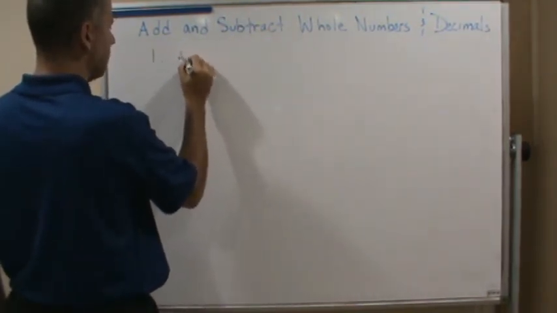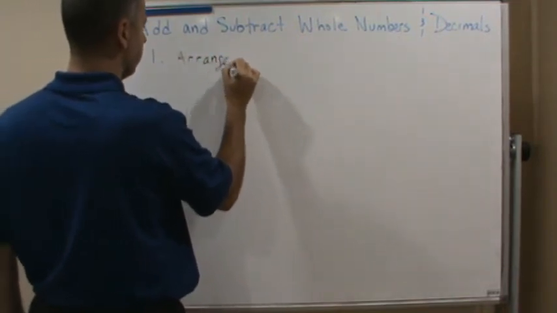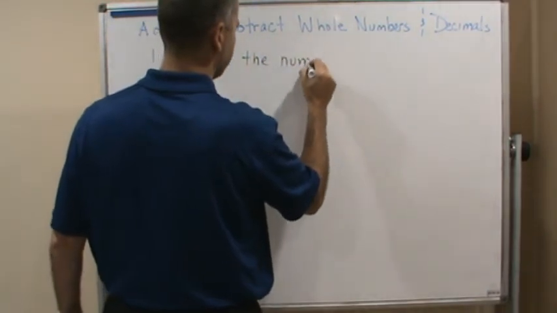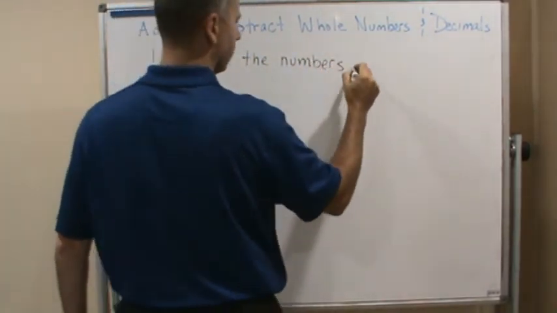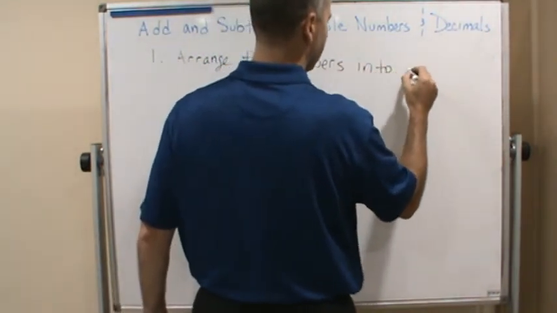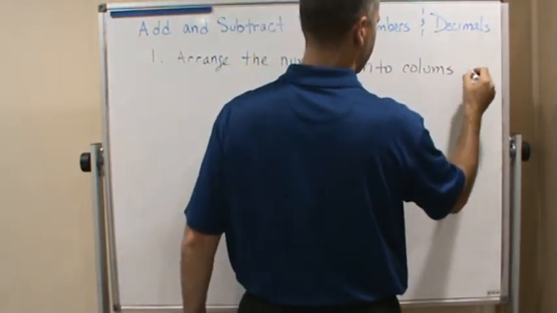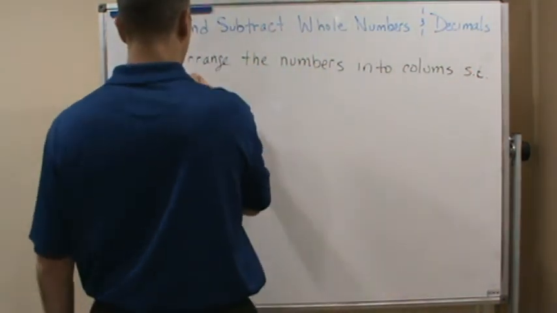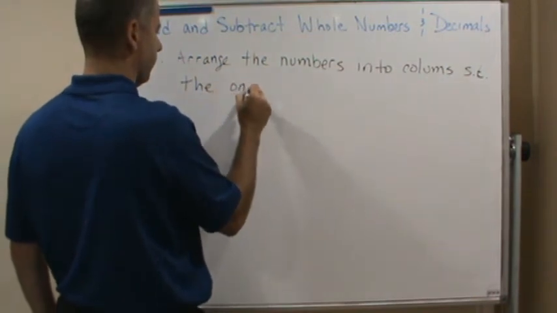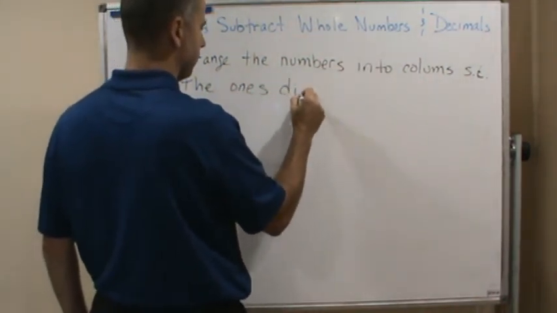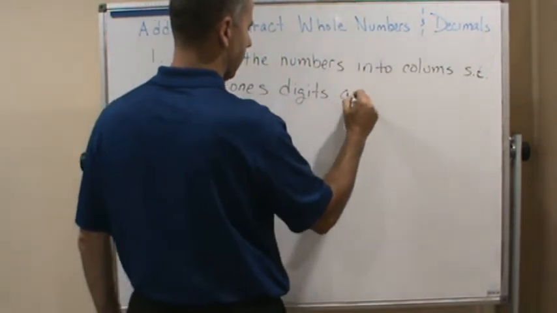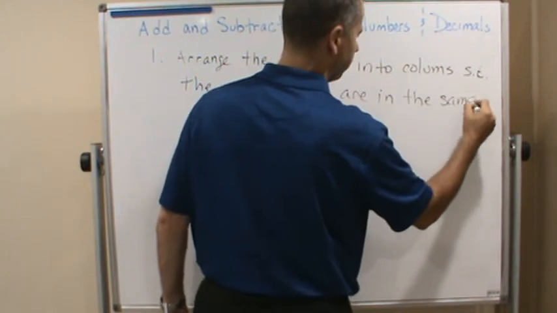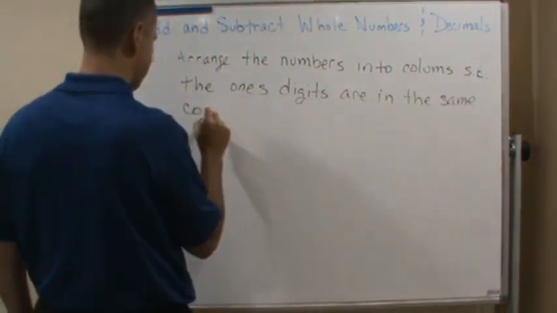So we arrange the numbers into columns so that the ones digits are in the same column.